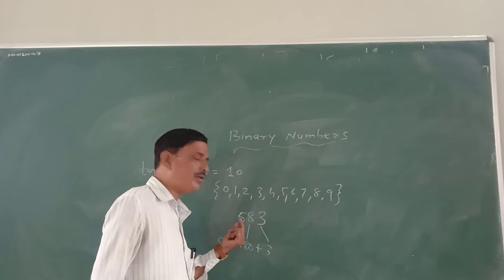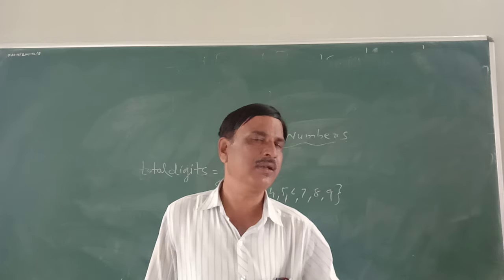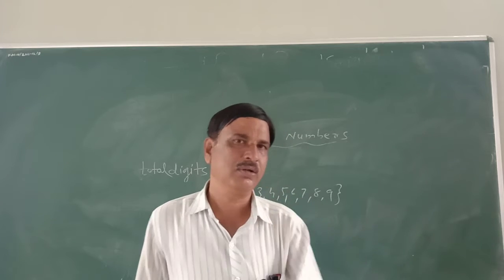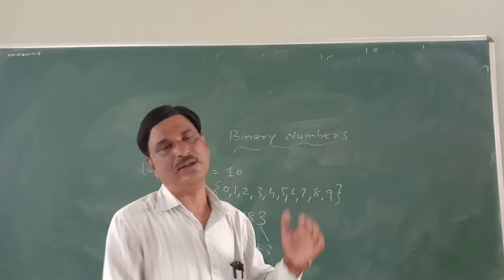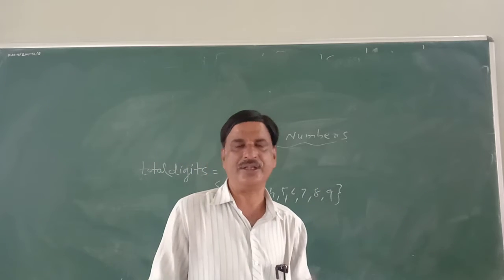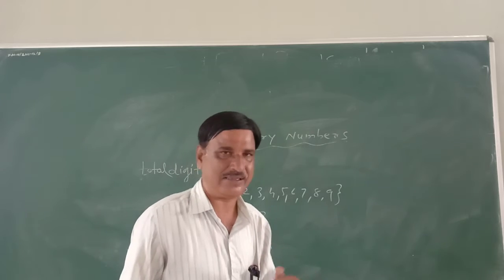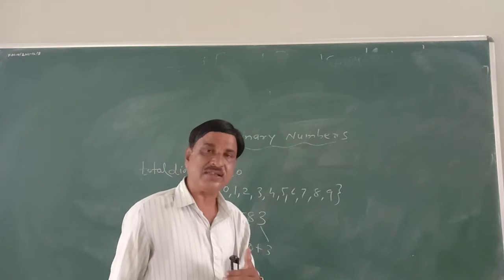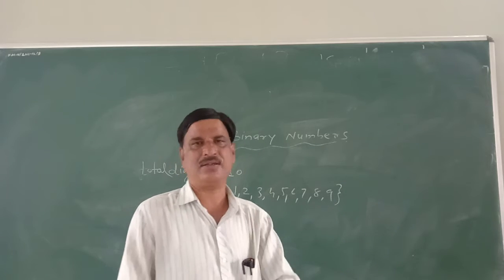Why do we say this number 583? Because you see, the place of 5 is the hundreds place, the place of 8 is the tens place, and the place of 3 is the unit place.